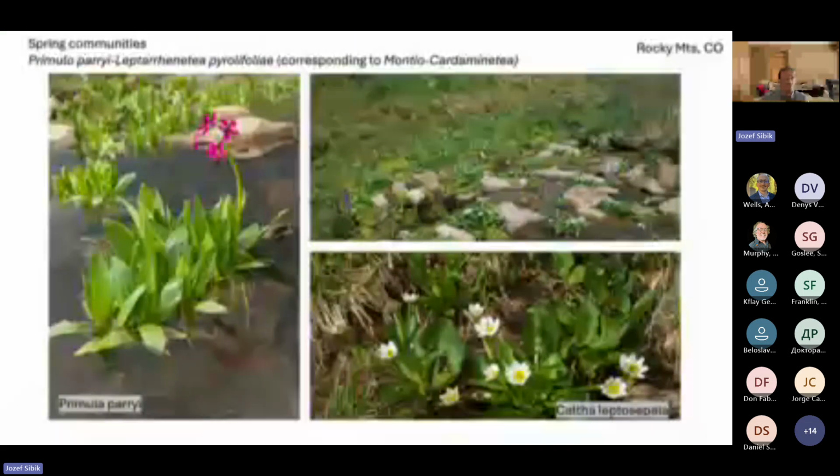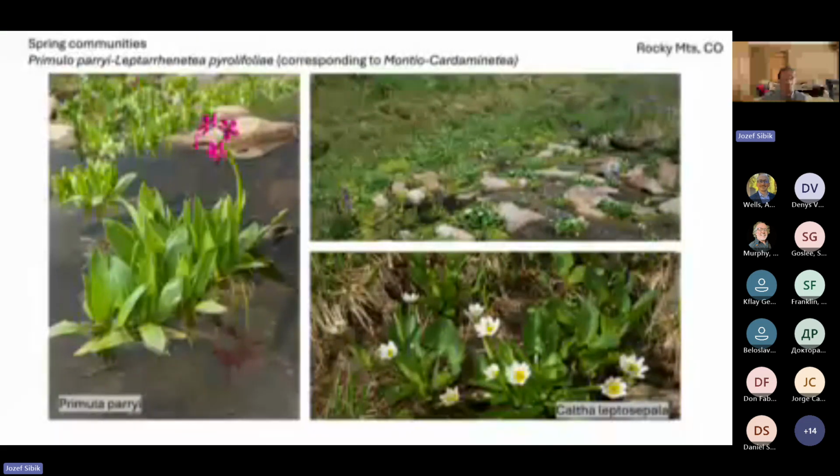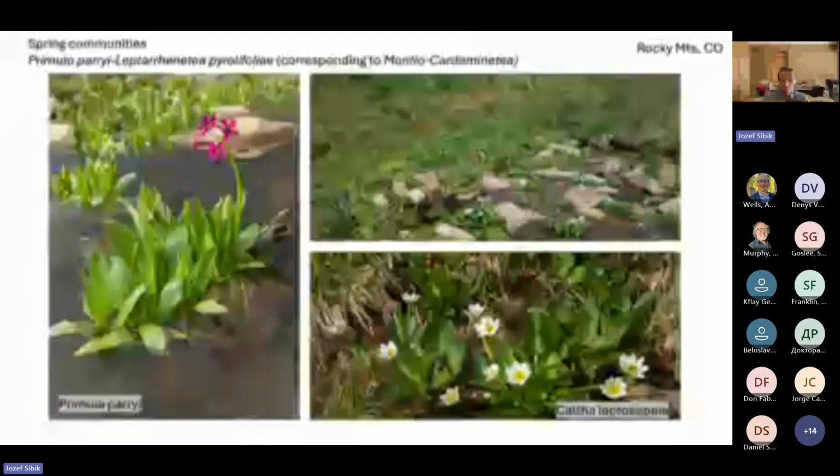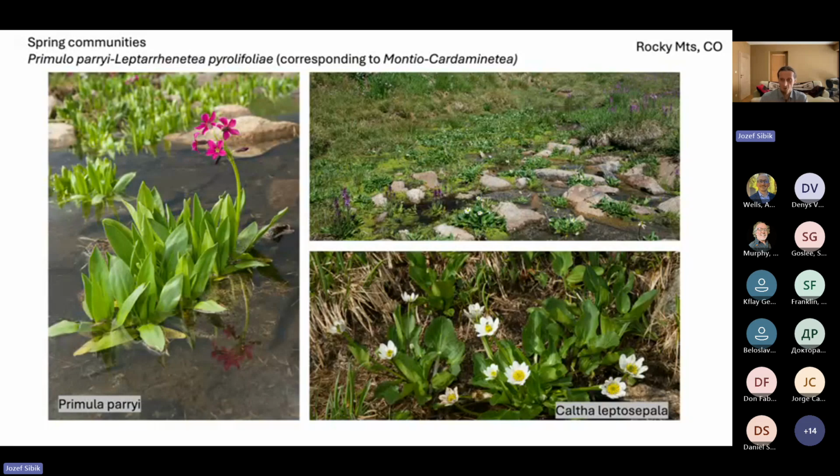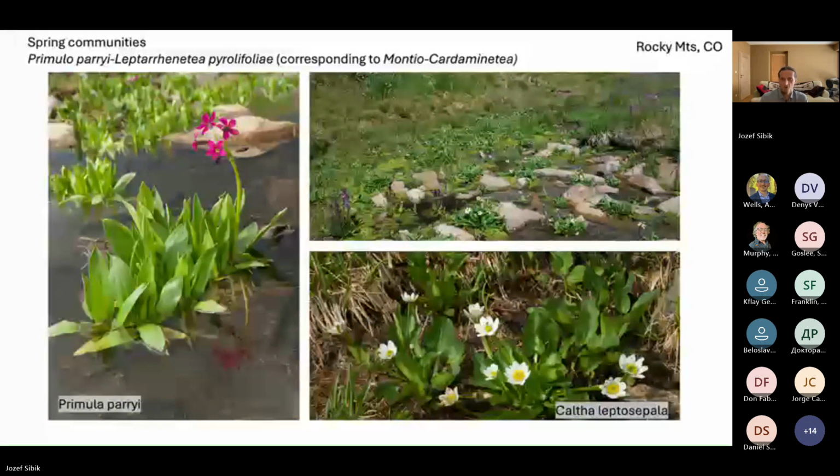And here are spring communities. The water is a very important driver, mainly in the very dry Rocky Mountains environment. These are really important communities, and sometimes not very diverse, not very species rich, but very distinctive from other parts of vegetation that is occurring in this elevation.